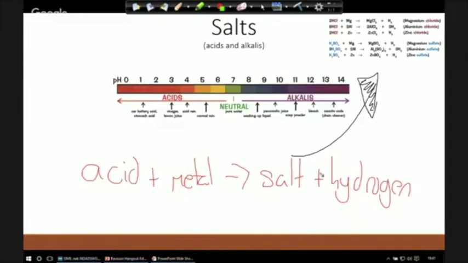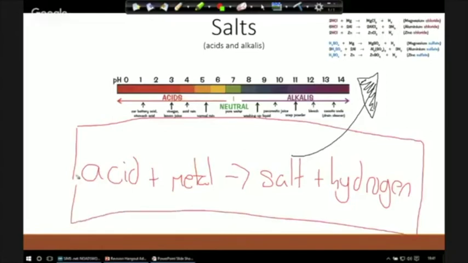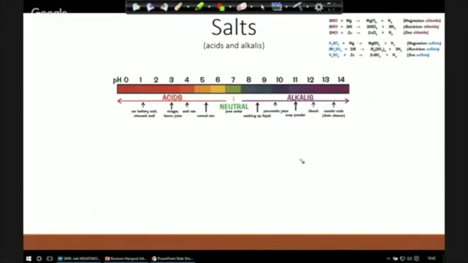So it's important that you remember those. It's very unlikely that they get in an exam question you to answer a fill in the blank such as this. But what they're likely to do is give you some acid or some alkali and ask you what it makes.